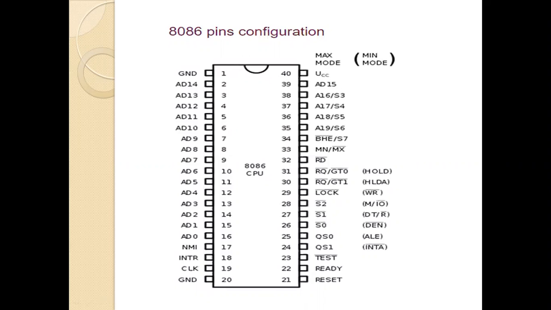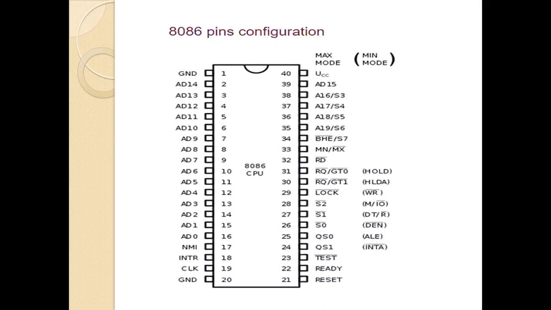What is the function of this clock pin? It provides timing to the processor for operation. Its frequency is 5 megahertz, 8 megahertz, and 10 megahertz, which is different for different versions.